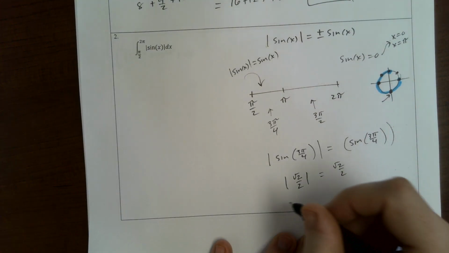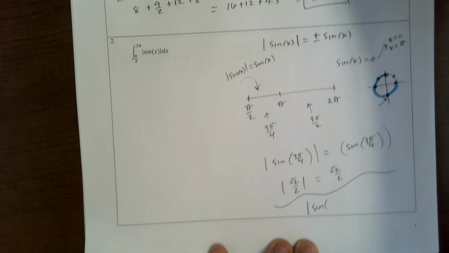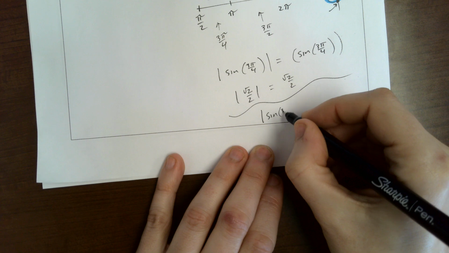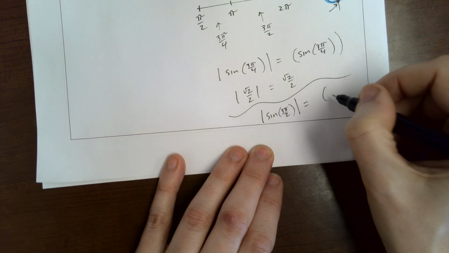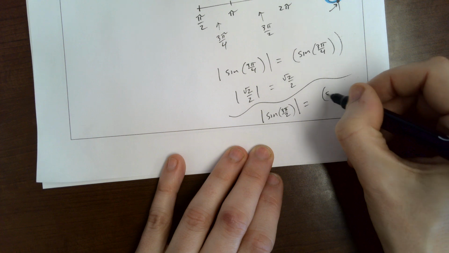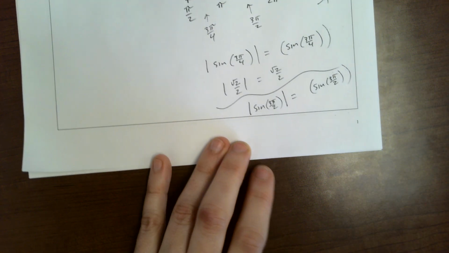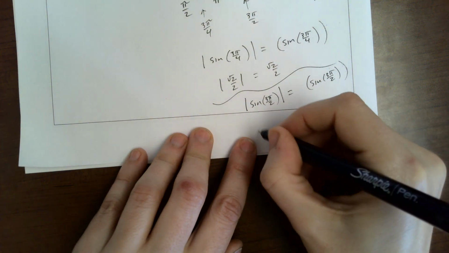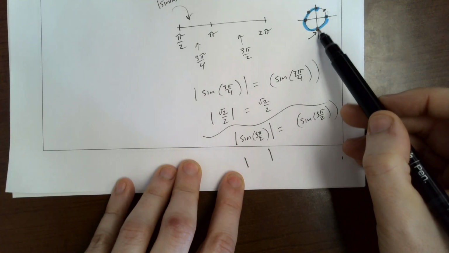So the absolute value of sine of 3 pi over 2 is equal to, I'm leaving a space for the plus or the minus, sine of 3 pi over 2. Okay. All right, guys. Sine of 3 pi over 2, that 3 pi over 2 makes us land here.